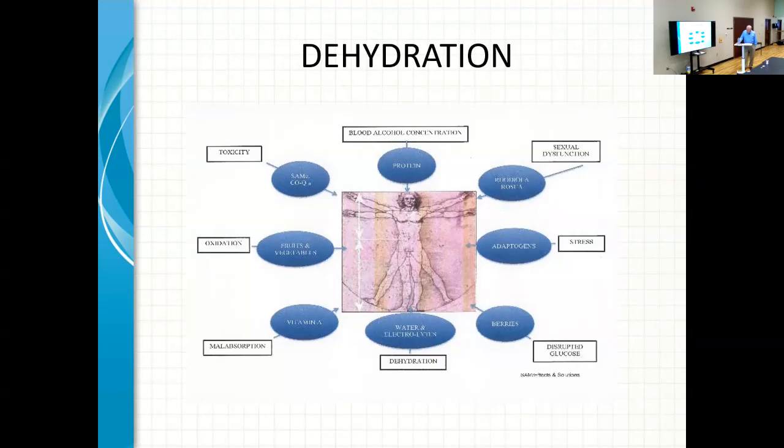We talked about the blood alcohol concentration in the beginning as being that relationship between the amount of water in your body and the amount of alcohol that was getting into your bloodstream. With dehydration, the nutritional solution is water, but a better one would be electrolytes.